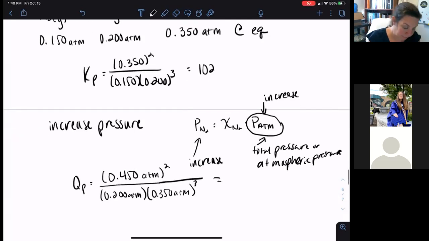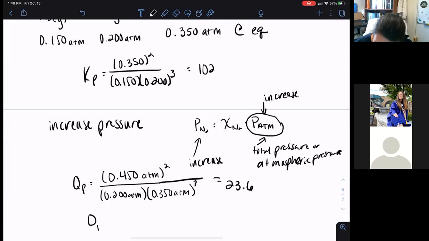Okay, so when we solve for this, we get a value of 23.6. So our Qp is less than our Kp.